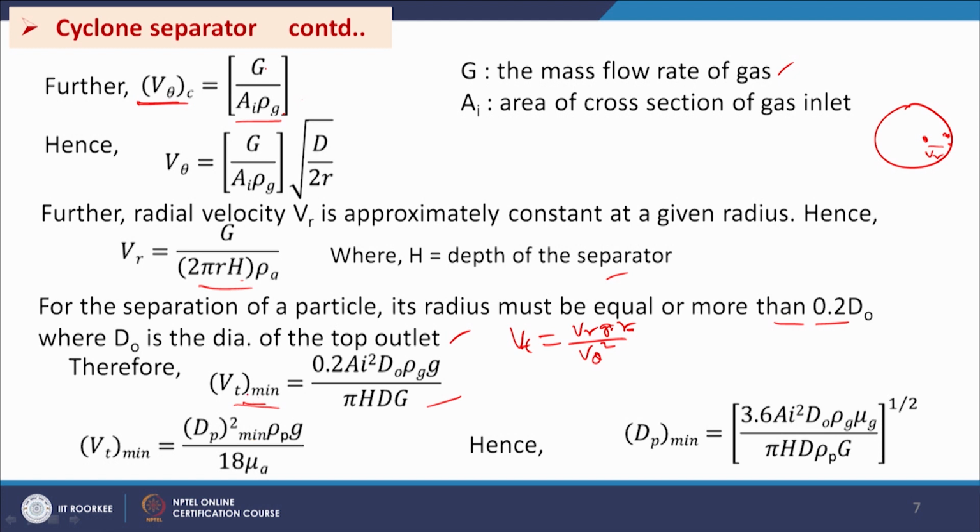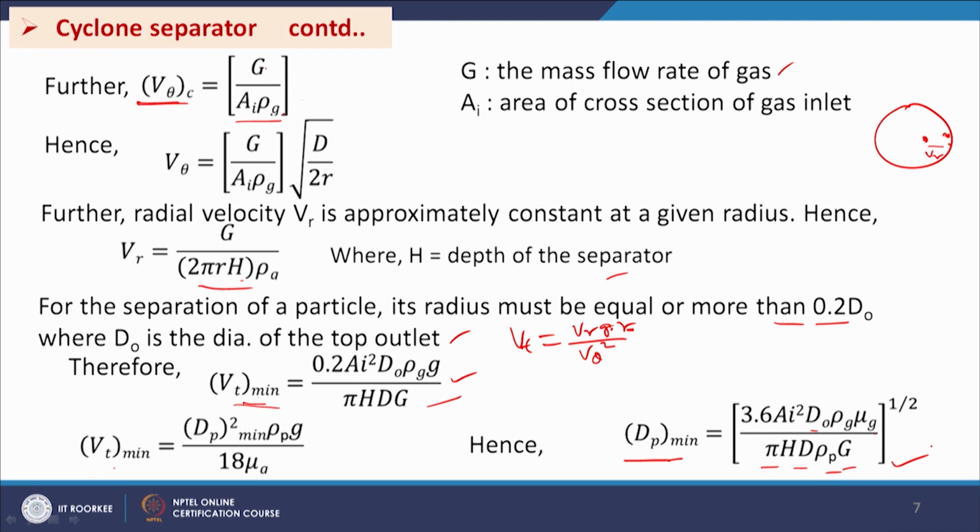Replacing V t with the expression we got here and rearranging, we get the minimum d p equal to 3.6 A I square d o rho g into mu g divided by pi h d rho g rho p into capital G to the power half. This is the expression for the minimum particle size which can be separated in the cyclone.